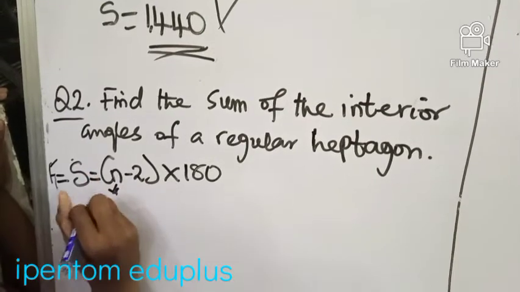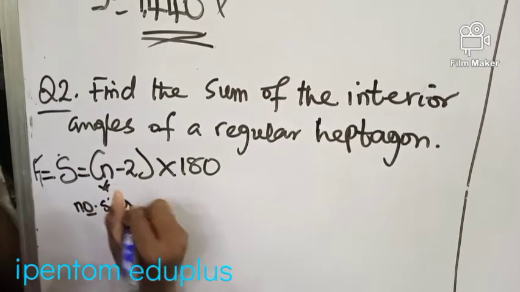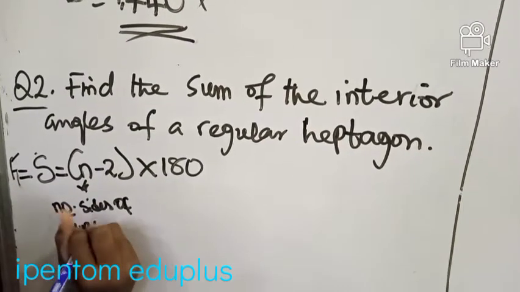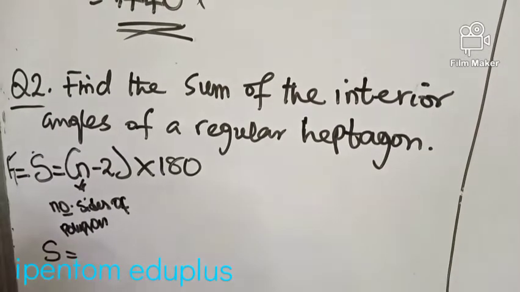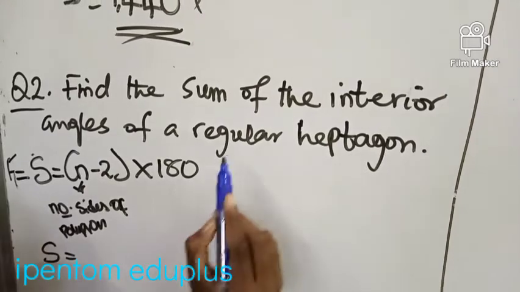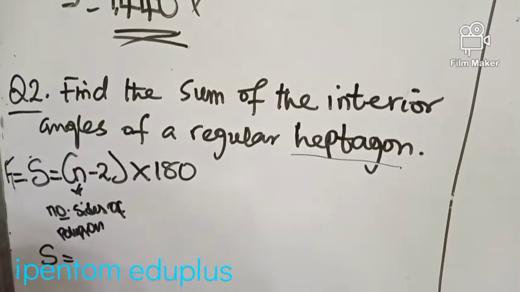N stands for the number of sides of a polygon. So S is equal to... the number of sides of the polygon isn't directly given, but they say it is a regular heptagon.